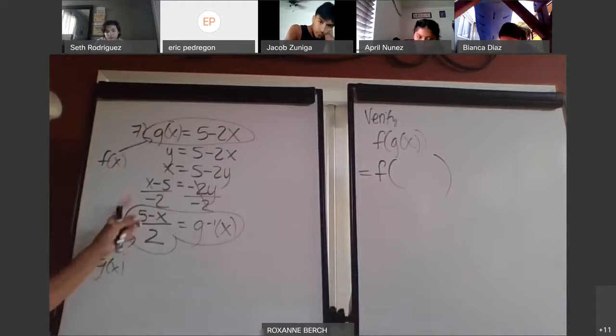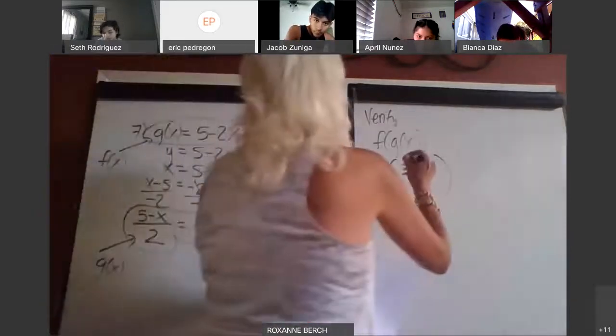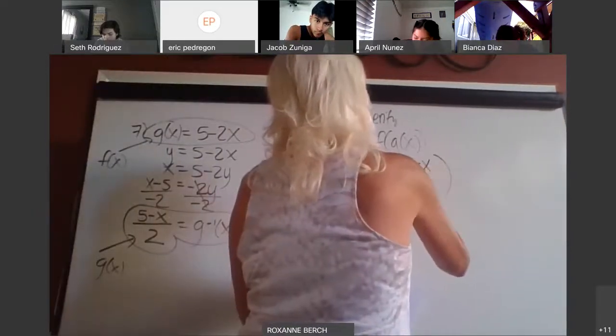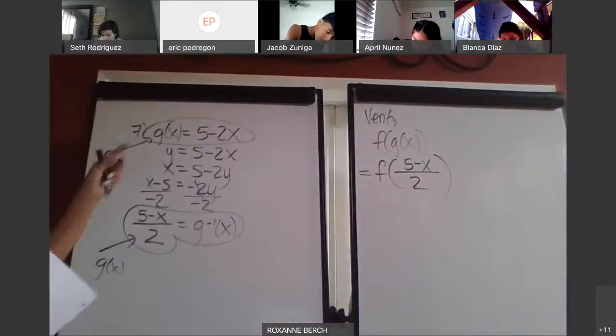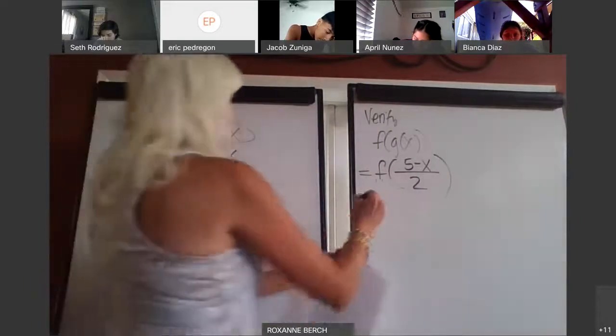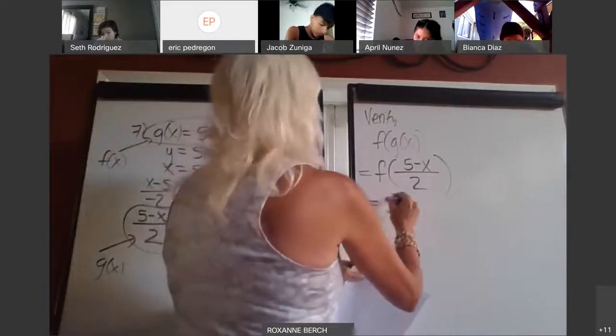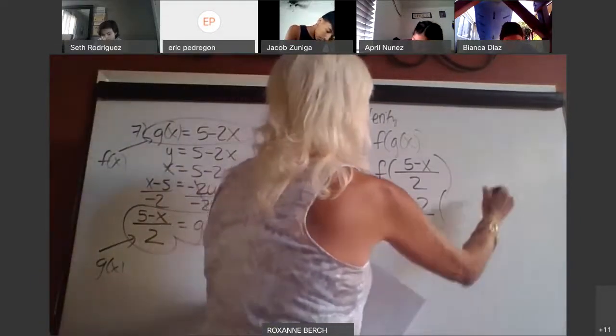It's simplified, 5 minus x over 2. Now we're looking at the f function. Well, isn't the f function 5 minus 2 times x?